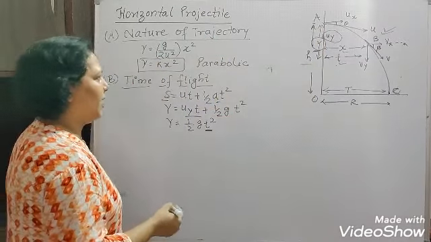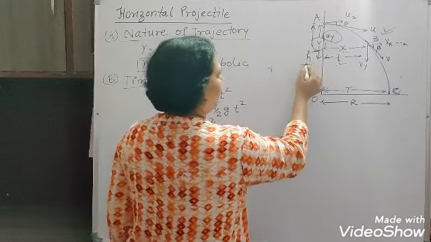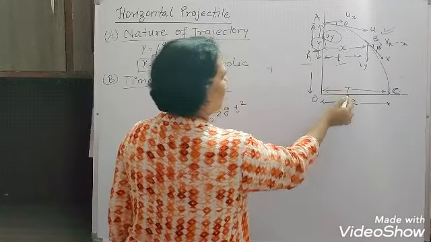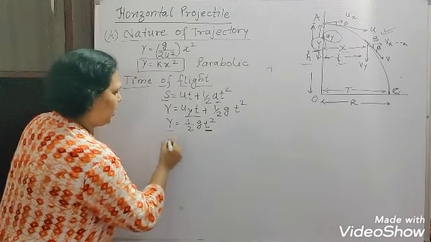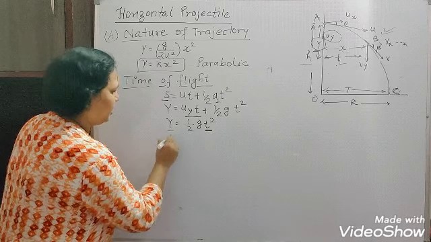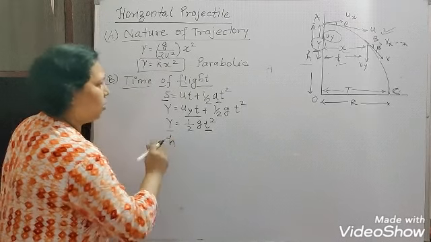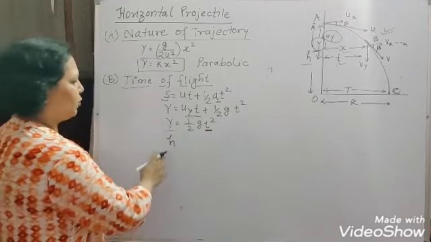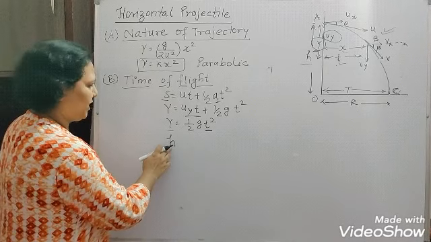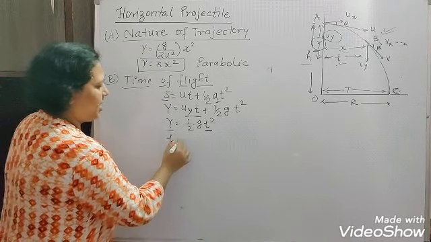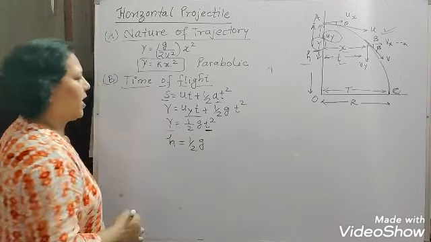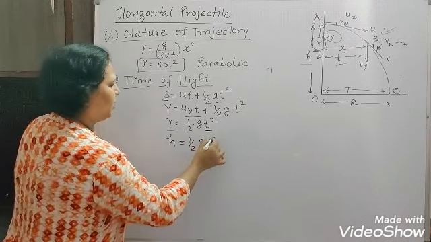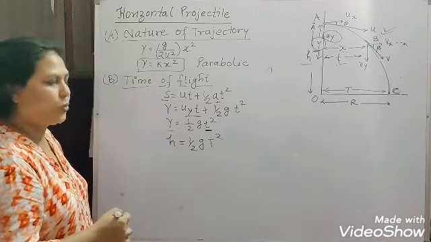So we'll replace here y with h and t with the capital T. This is the height from which the projectile is projected, that is h, and this is half g t square. We are replacing here with the capital T, T square.